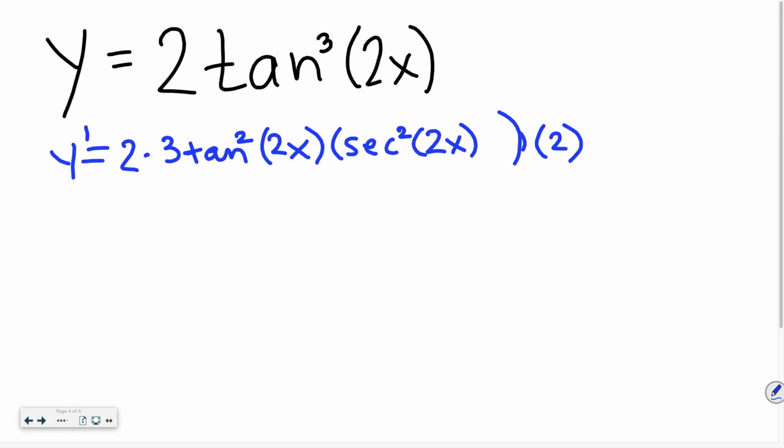That's because we did the power rule, but inside the power rule was tangent. So if you want to think of this, like we did 3, and then the tangent of 2x is all squared, and then inside of that square is tangent, and that's how we got the secant squared derivative. Does that help?